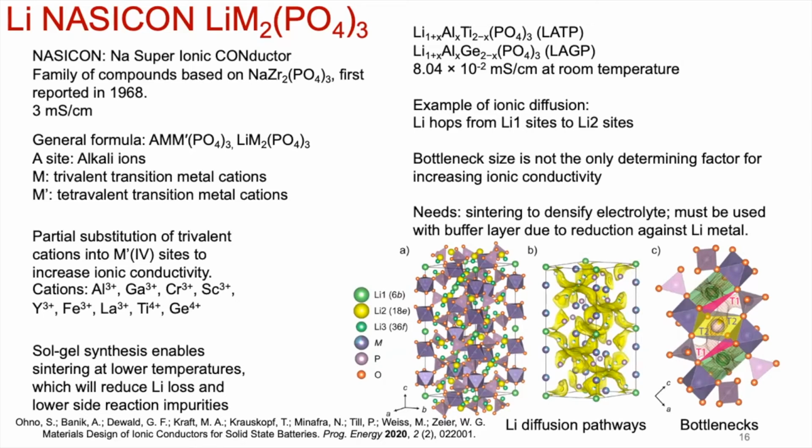So bottleneck size is not the only determining factor for increasing ionic conductivity. The other factor would be migration pathway or migration resistance. Well, migration resistance, yes, but they're interconnected, right? You can open up the bottleneck by introducing a different element, but in doing so, you've also introduced atomic disorder, unless you replace all of the ions.